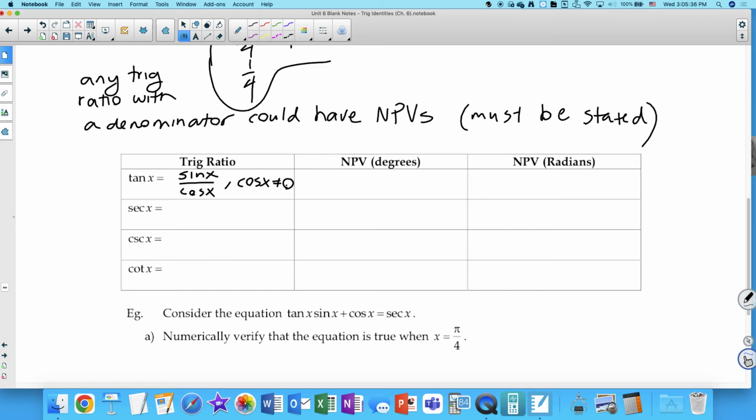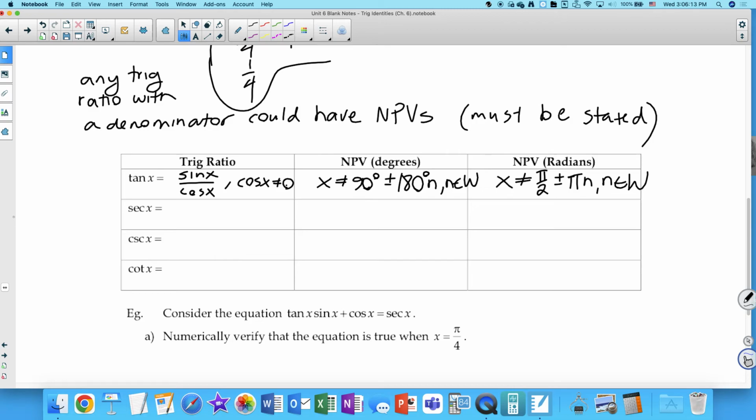So here, x cannot equal 90 degrees plus or minus 180 degrees n, where n is an element of the whole numbers, because it happens at 90, 270, then you keep going around, right? It happens on the y-axis, essentially. In radians, x cannot equal pi over 2 plus or minus pi n, where n is an element of the whole numbers.